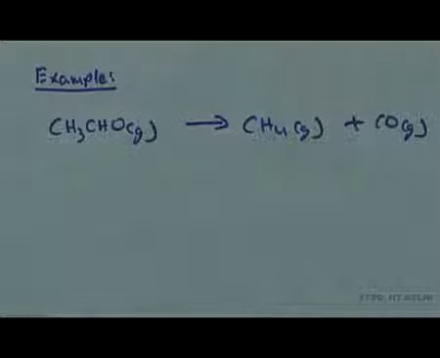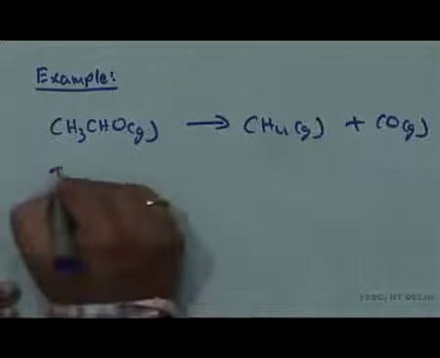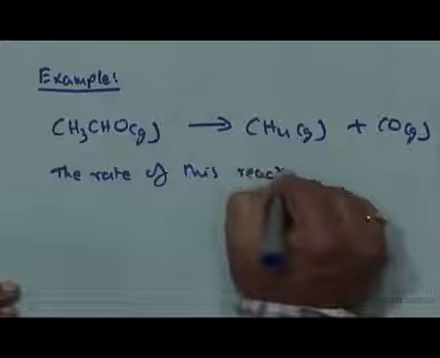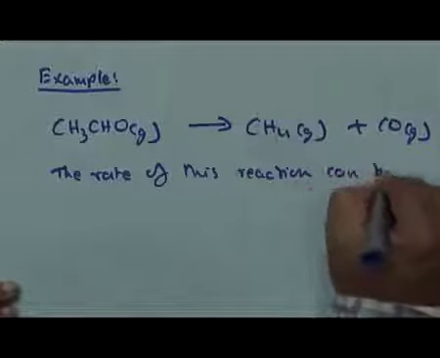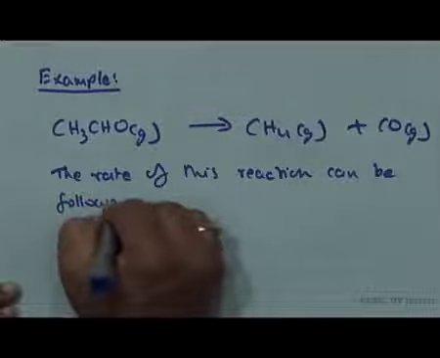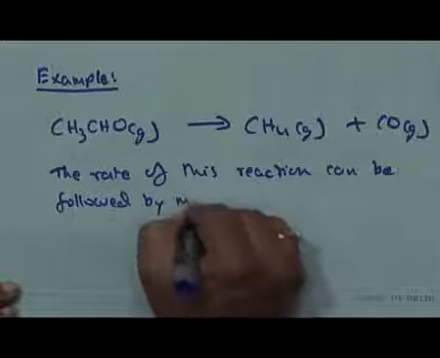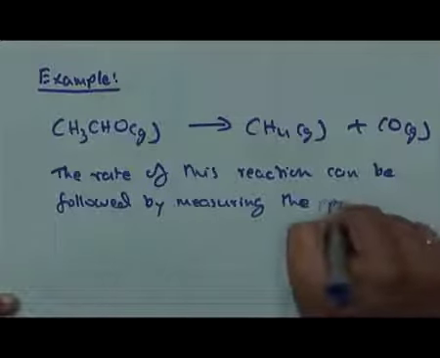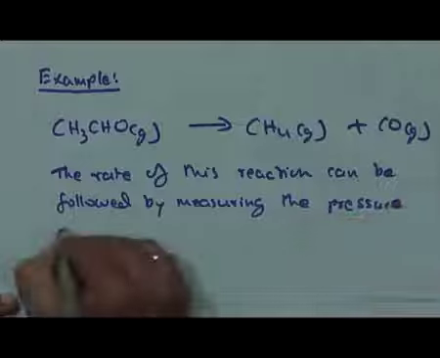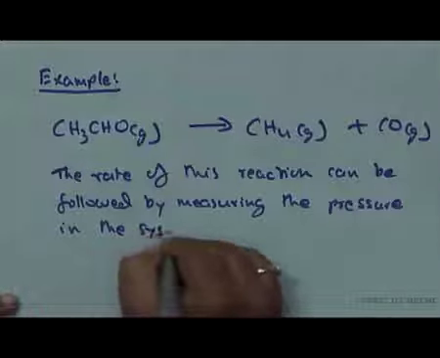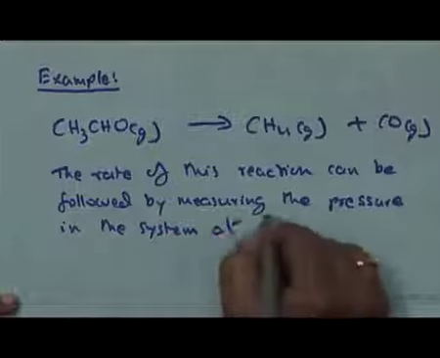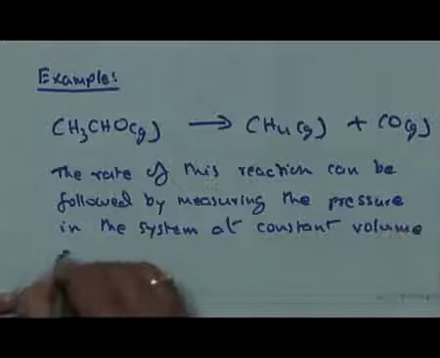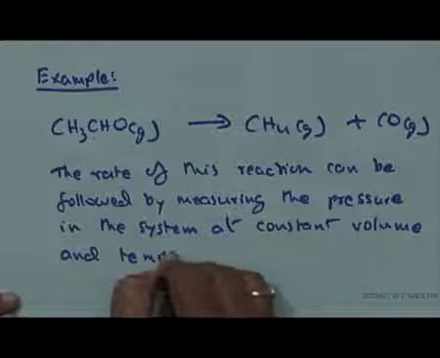Now, what is the problem? The problem is that the rate of this reaction can be followed by measuring the pressure in the system at constant volume and temperature.